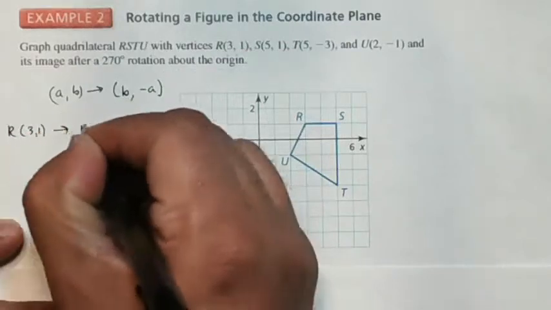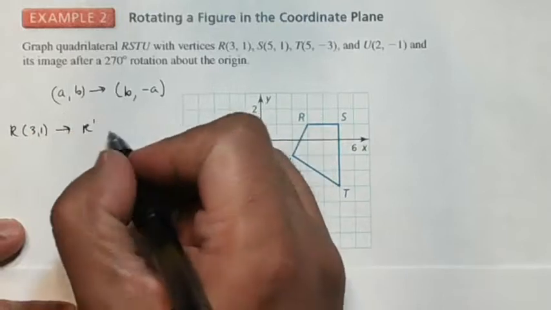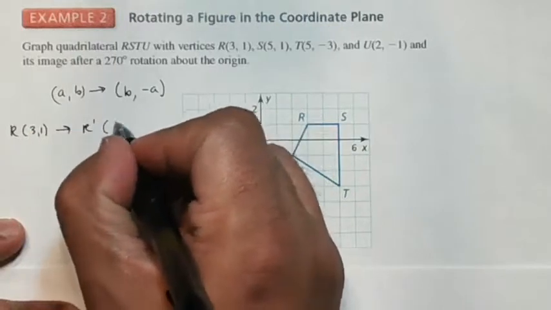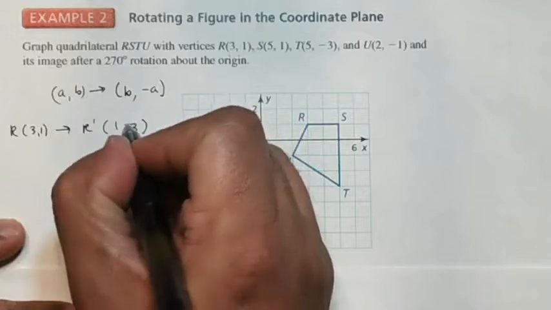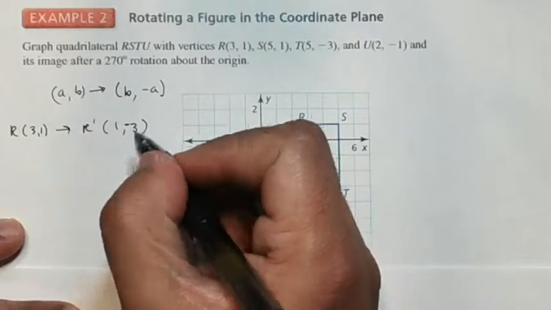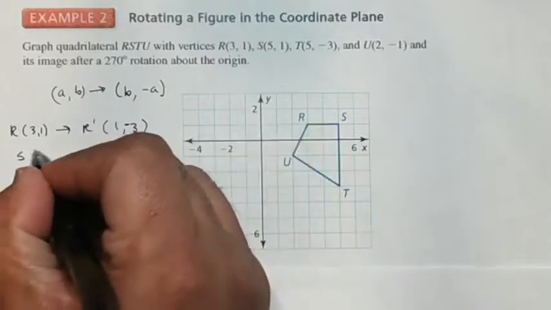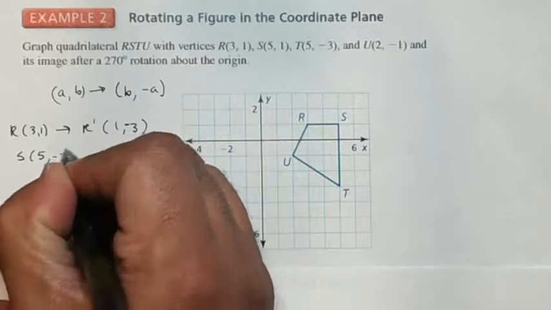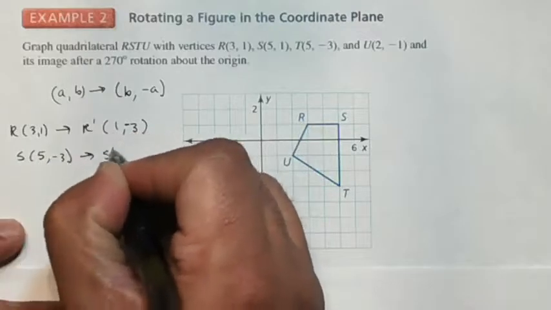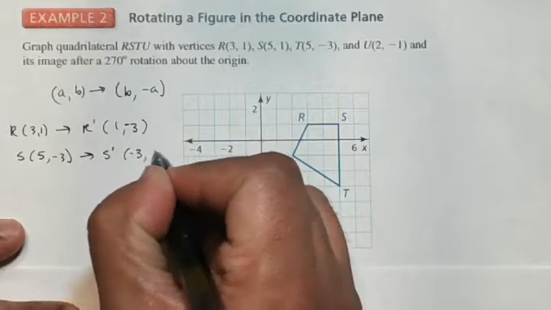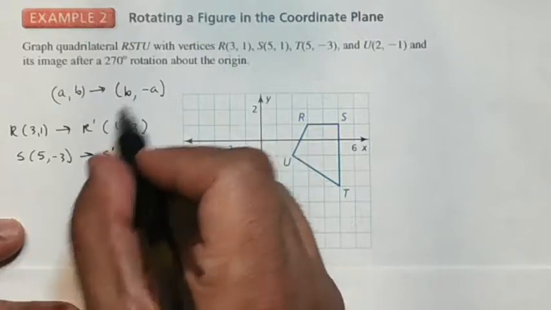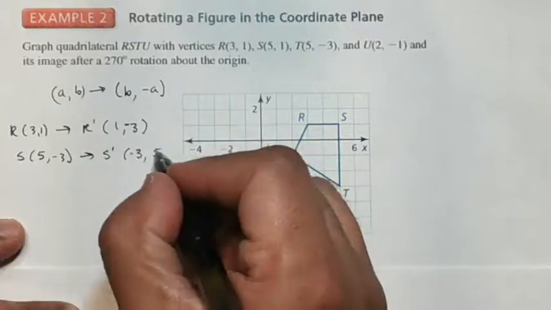So R prime, our new coordinates, is going to be: I flip them, and then I change the sign on the second one, so it's (1, negative 3). S is at (5, negative 3). When I map it to S prime, I'm going to flip them, and I want the opposite of the x value here, so it's going to be negative 5.